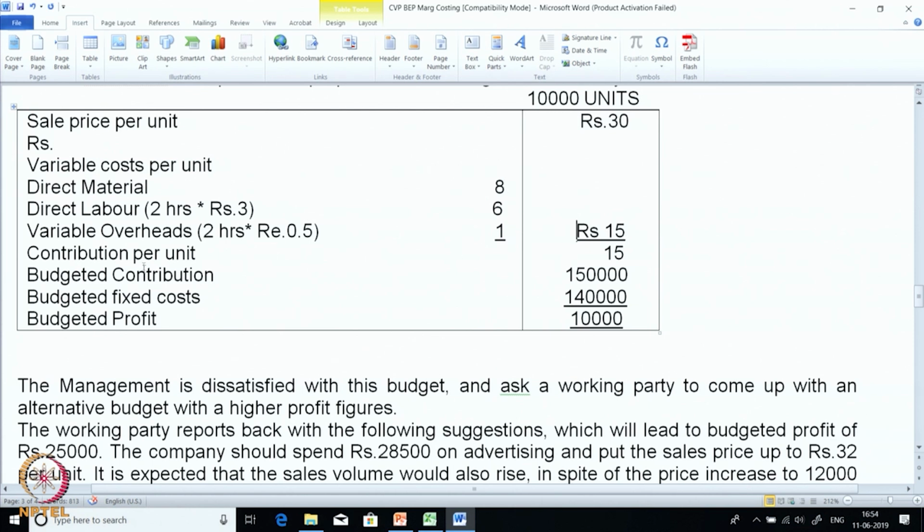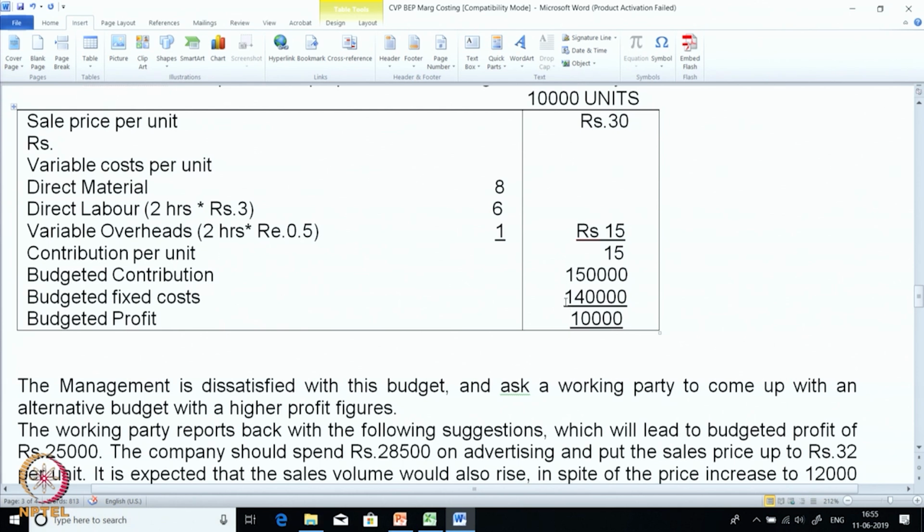They have already given us the contribution as per the current budget: 1,50,000, because 10,000 units into 15 means 150. Their budgeted fixed overheads are 140, giving them a profit of only 10,000.